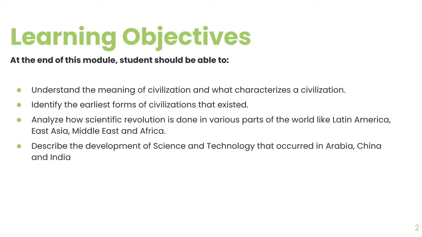Identify the earliest forms of civilizations that existed. Analyze how scientific revolution is done in various parts of the world like Latin America, East Asia, Middle East, and Africa. And we will also be talking about their notable contributions to the world. And finally, describe the development of science and technology that occurred in Arabia, China, and India.